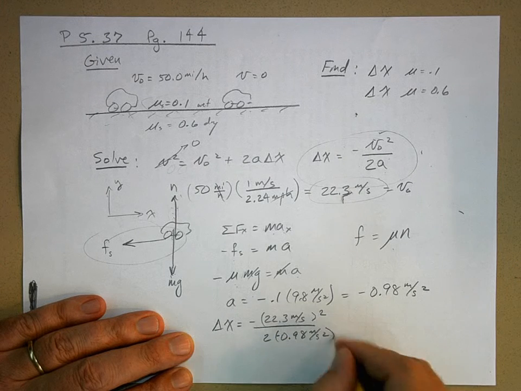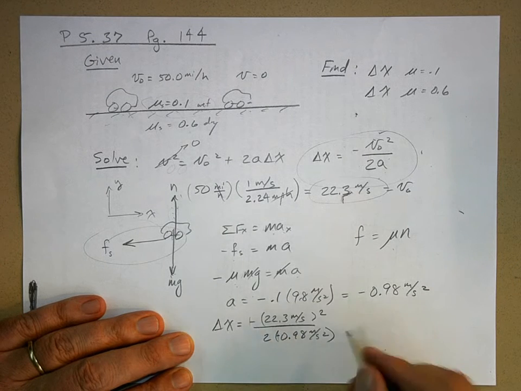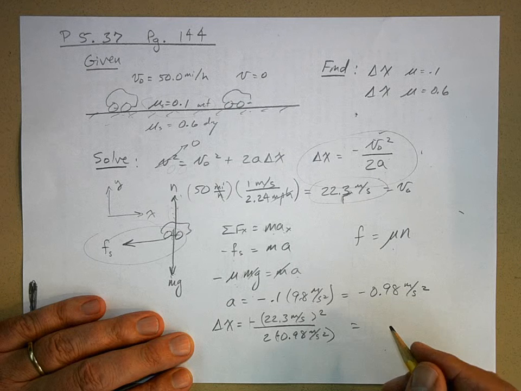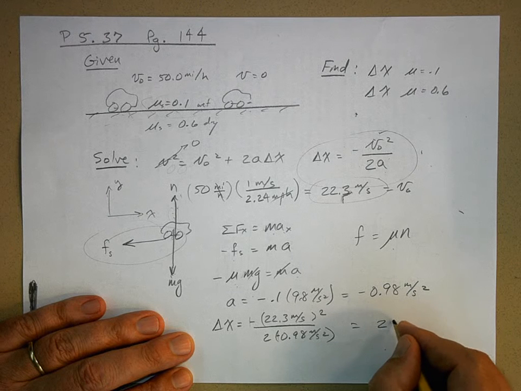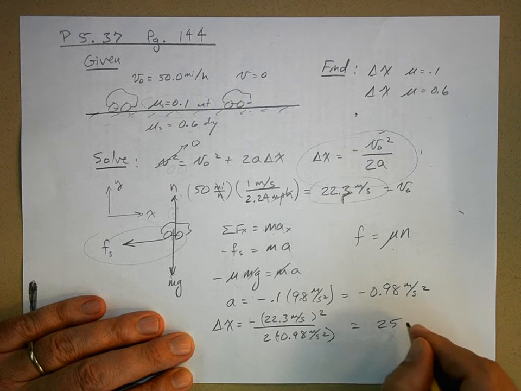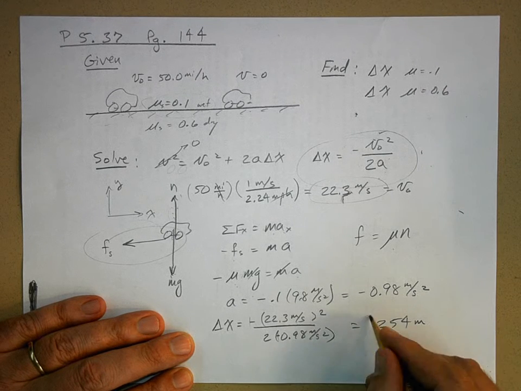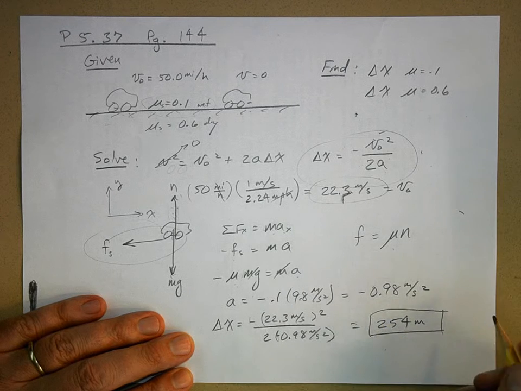There's a negative in there. The negative will cancel the negative, and we'll get a positive delta x of 253.7. How about 254? We'll round that up. Is that right? Yes.